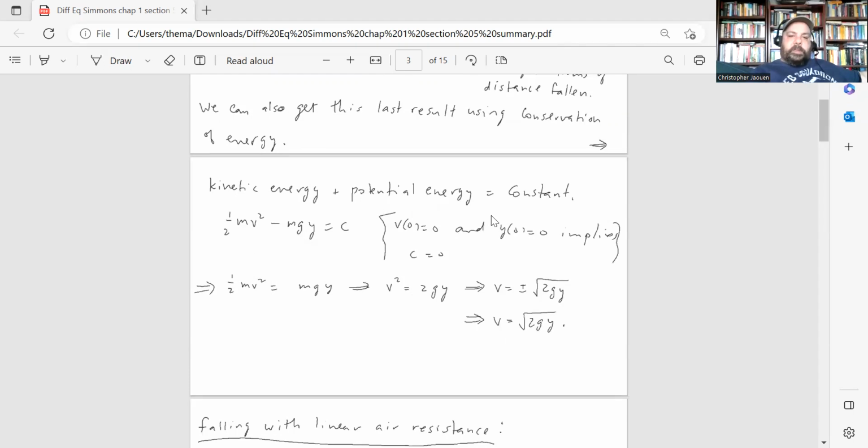If you plug t equals 0 into the equation here, you find that c is 0. So that means that the kinetic energy is equal to the potential energy, or in other words, 1/2 mv squared equals mgy. And if you solve for v in this equation here, you get the same thing. v is square root 2gy.